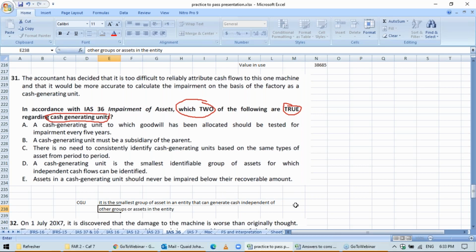So it's the smallest group of assets that can, without help of other assets or groups of assets, generate cash independently. It can generate revenues independently in the company.